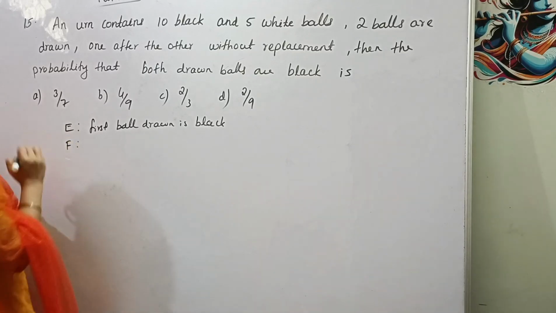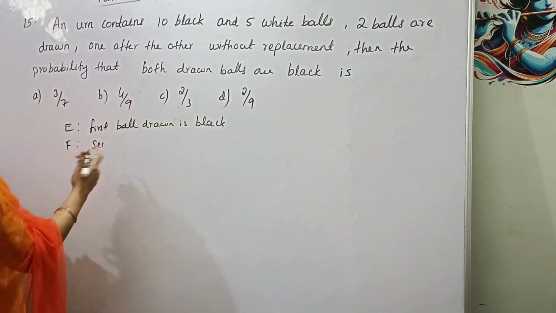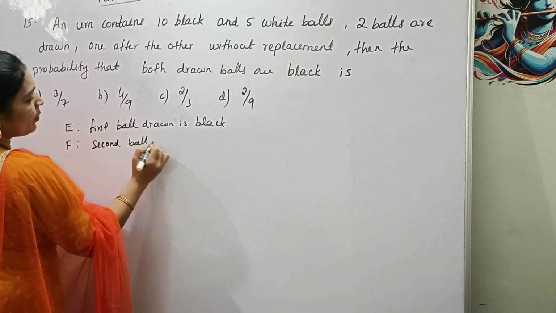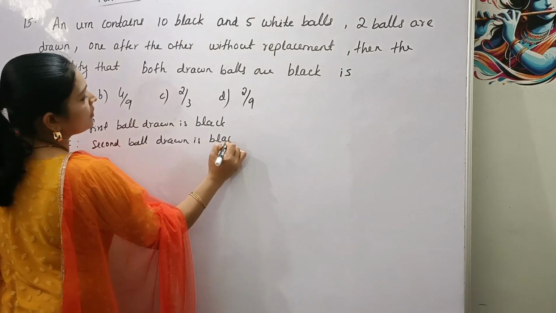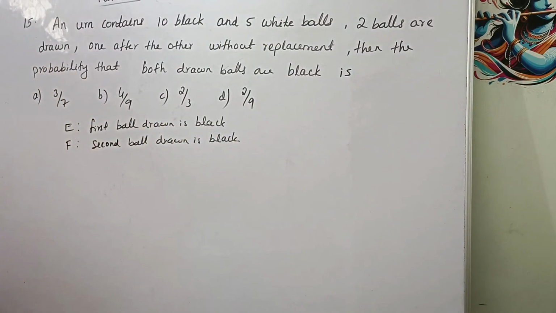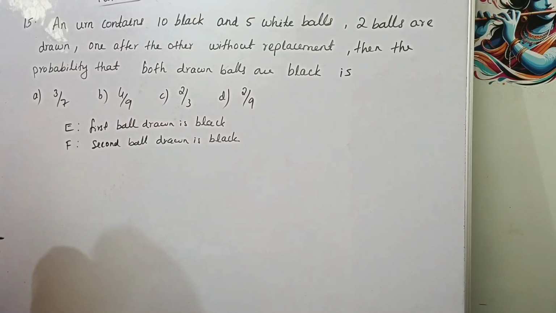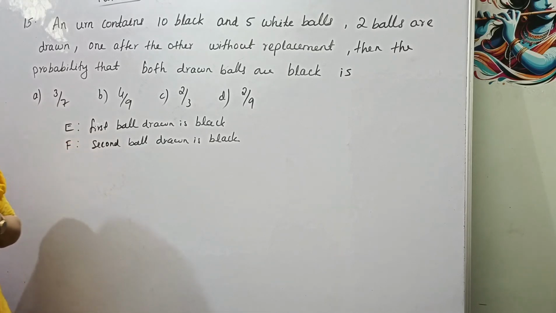Let F be the event: second ball drawn is black. So here we have to find the probability that both drawn balls are black. First of all, it is mentioned without replacement, right?